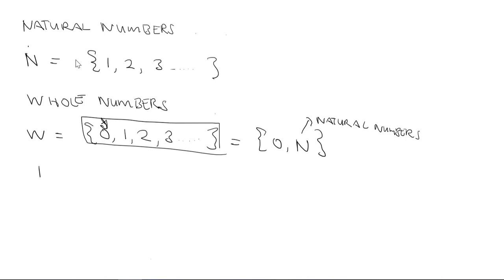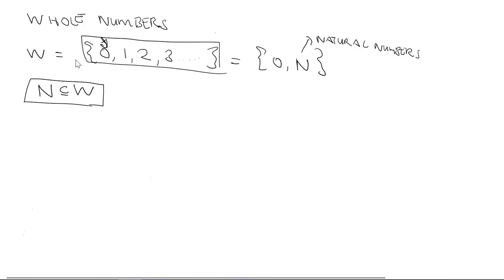So, the set of natural numbers is a subset of the set of whole numbers. Recall that set A is a subset of set B if the elements of set A are also elements of set B.